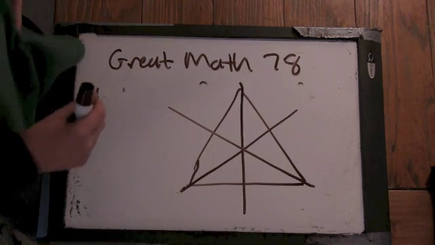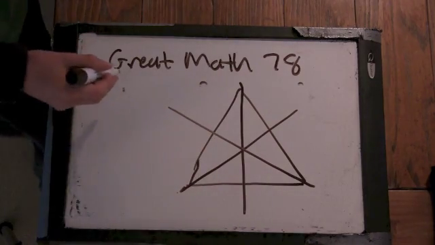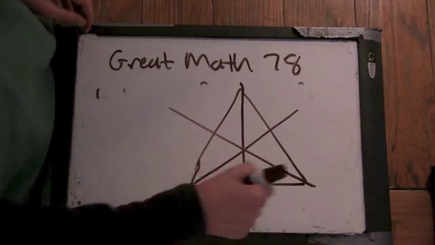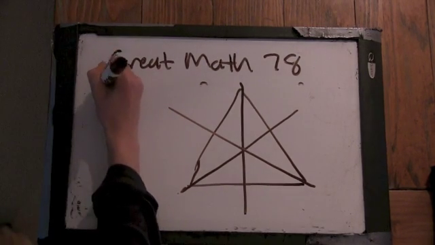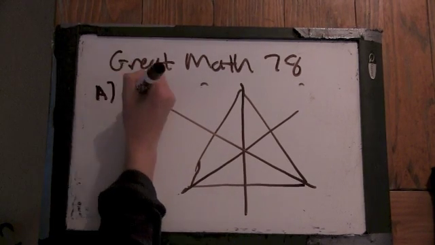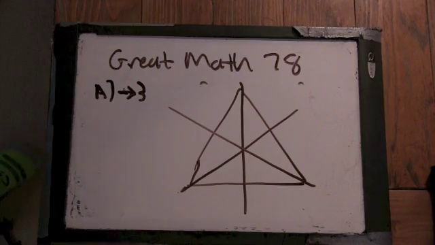Well, it means you cut a shape in half, and both sides are exactly the same. So yeah, these would be lines of symmetry. So A has 3 lines of symmetry, and there aren't any more.